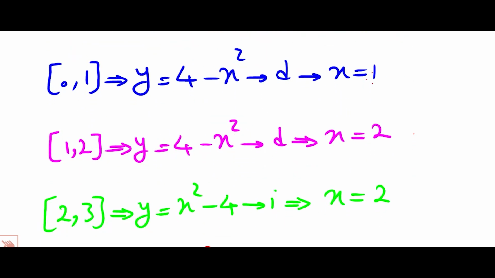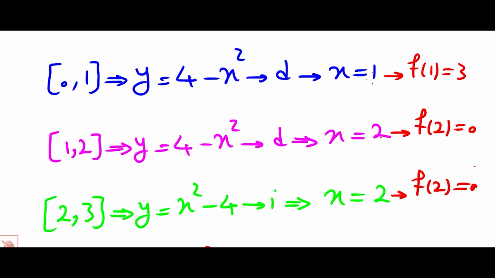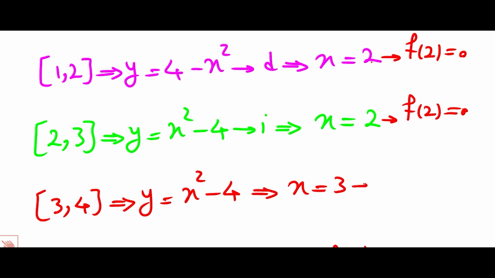Plus f of 2, if we plug in 2 for x, is 0, and f of 2 is 0 again, and f of 3, if we plug in 3 for x, is 9 minus 4, which is 5.